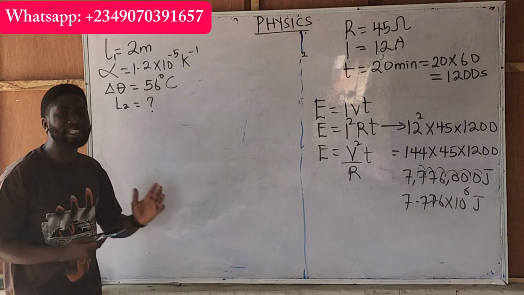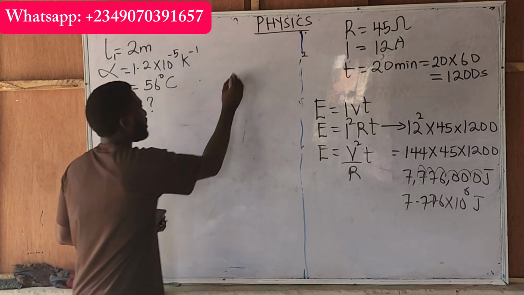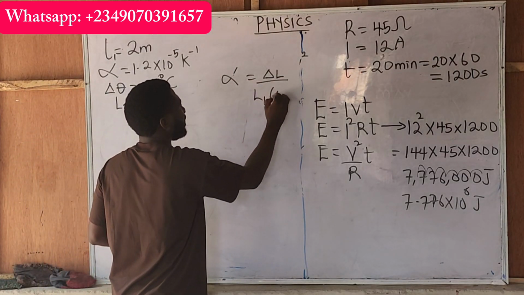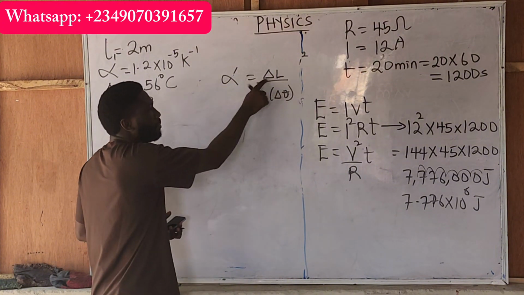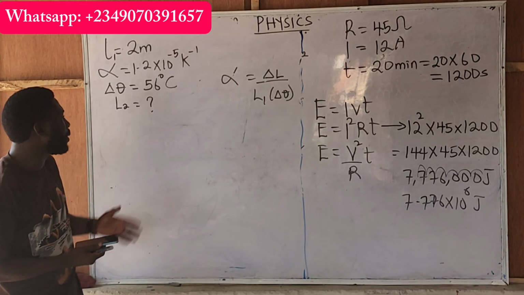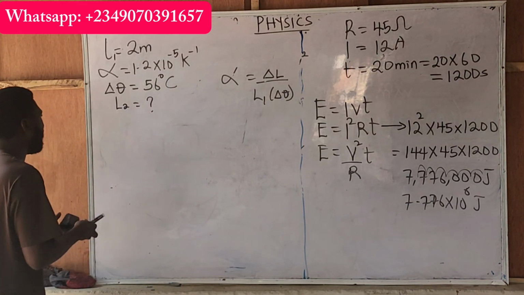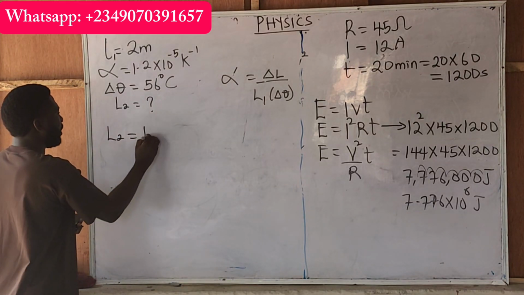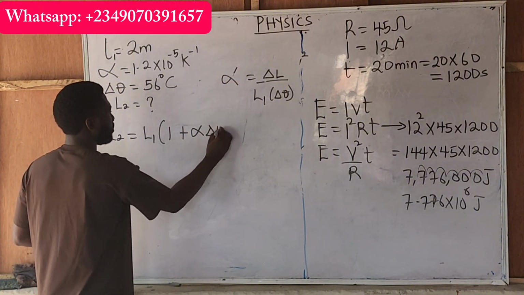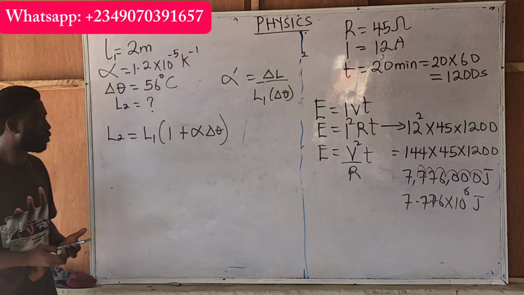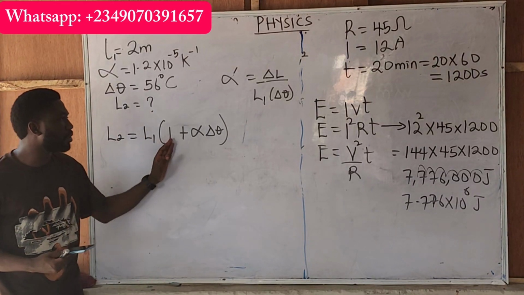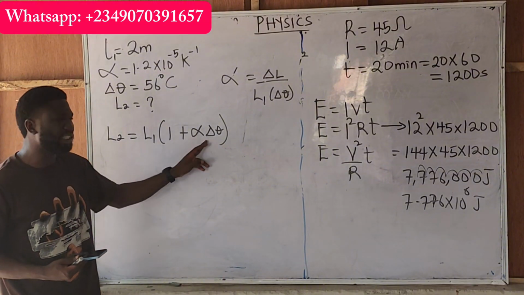For linear expansivity, we know that we are going to have it to be change in L over L1 times change in temperature, where the change in L is L2 minus L1. But for you to easily get the value for L2, just know this, that L2 will give us L1 into bracket 1 plus the linear expansivity times the change in temperature.